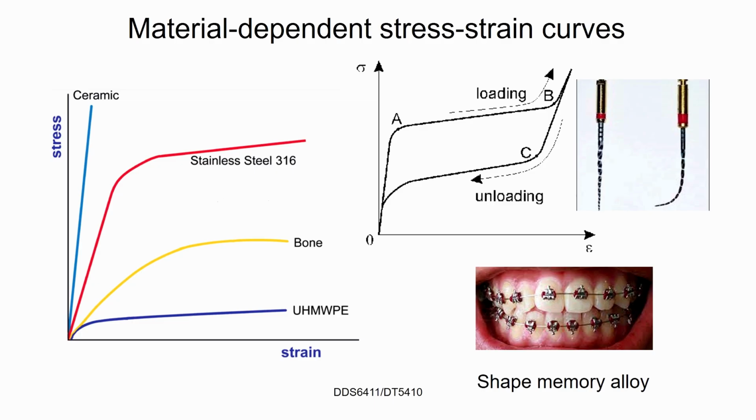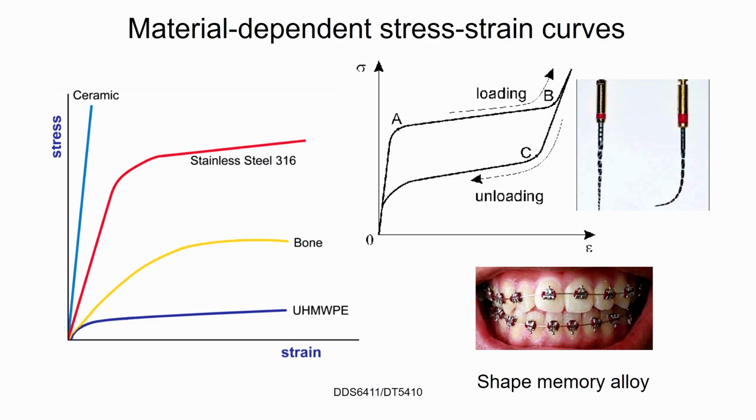That's because during the deformation, there's a change in the crystal structure from one form to the other, and that requires energy. So the energy expended during the loading and unloading cycle is the area between those two portions of the curves.